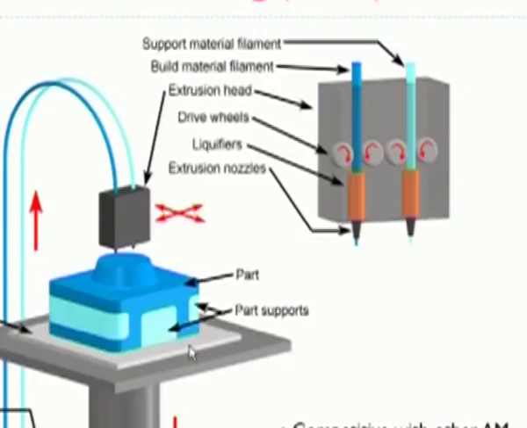For example, there may be a curvature, an internal hollow structure, or some external variation in a plane, whatever it may be. So for that we need a support material. For that we mostly have to differentiate, that is the easiest way. So we prefer to have build material separately and supporting material separately.